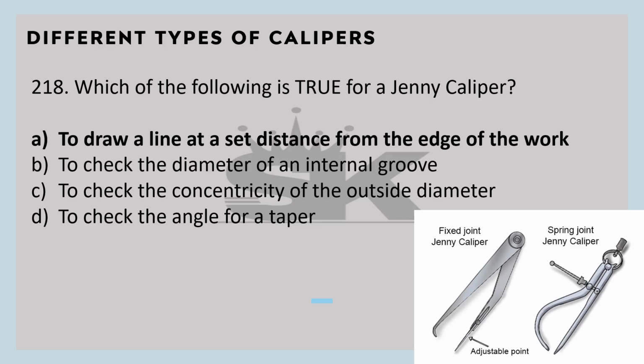It is also known as hermaphrodite or odd leg caliper, because it is bent inwards like this.